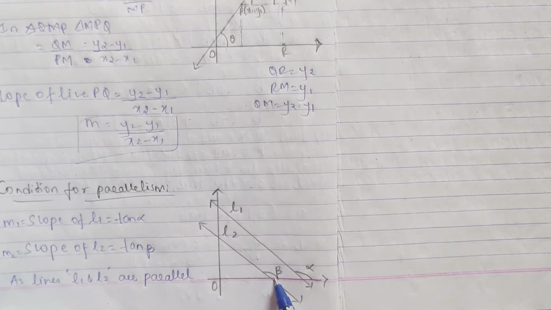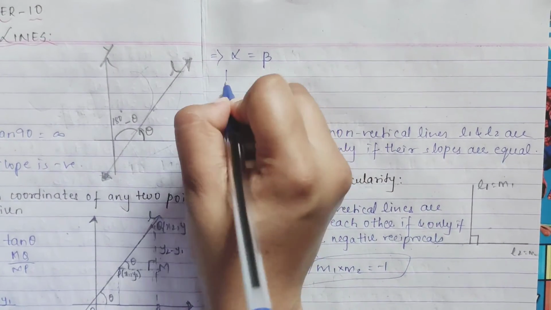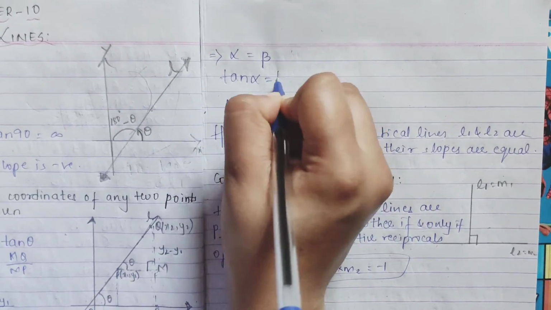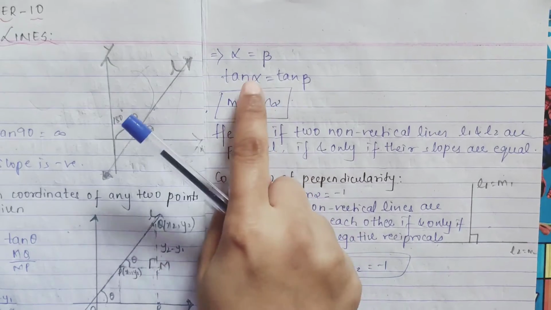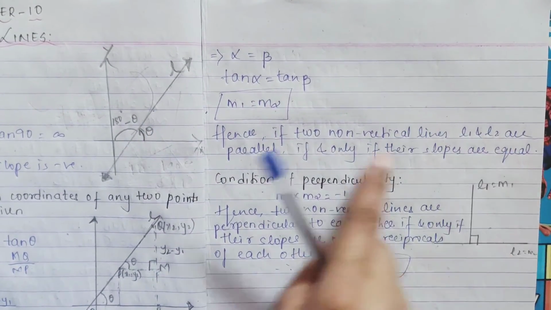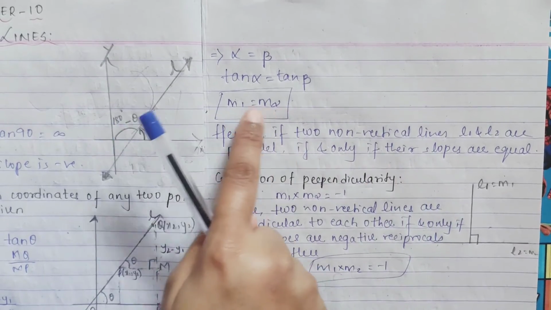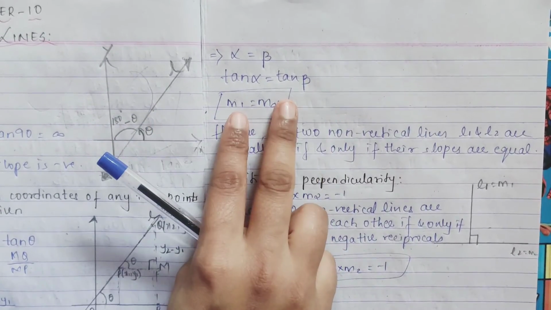So alpha is equal to beta, which means tan alpha is equal to tan beta, that is slope m1 equals m2. Hence, two non-vertical lines L1 and L2 are parallel if and only if their slopes are equal.